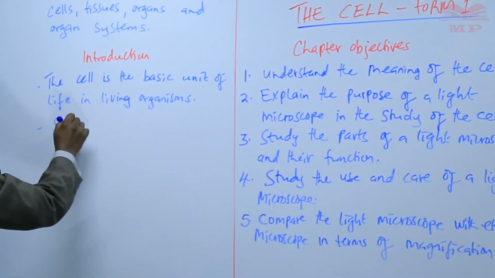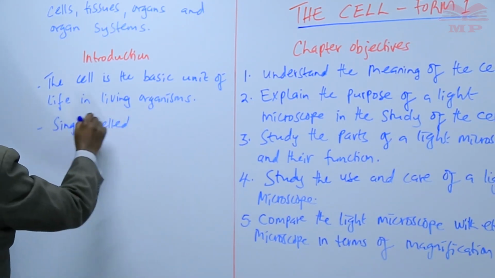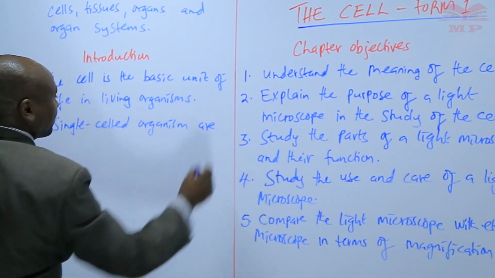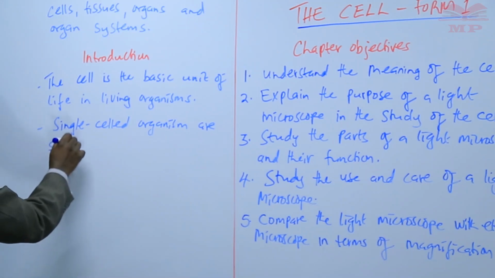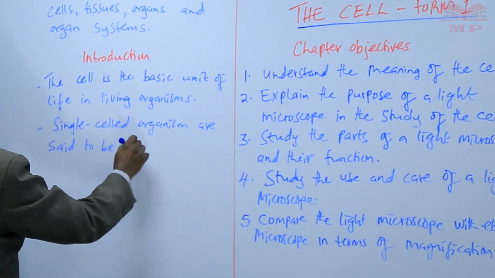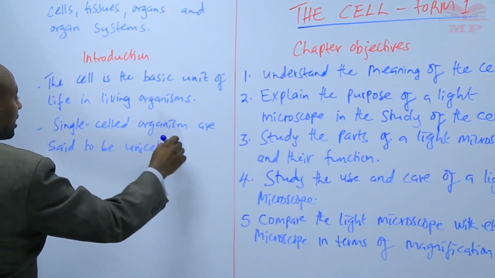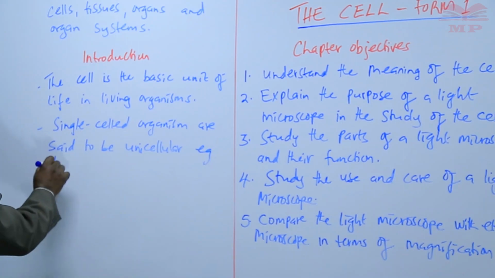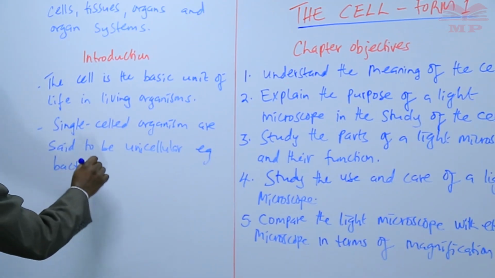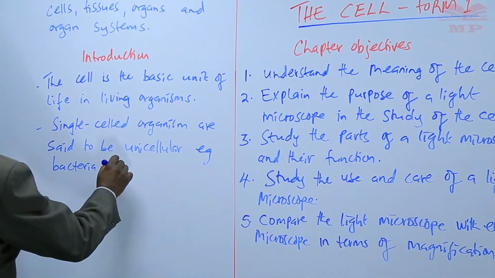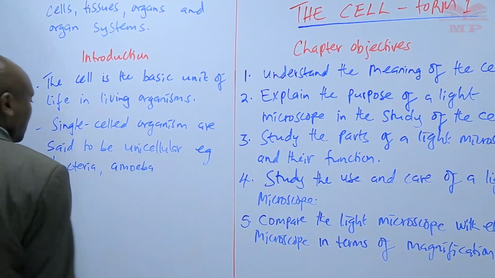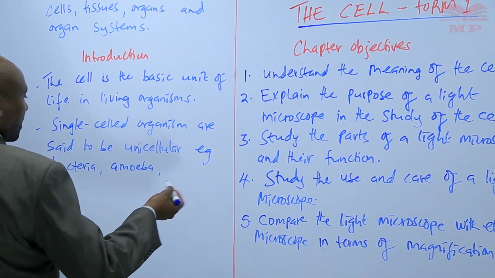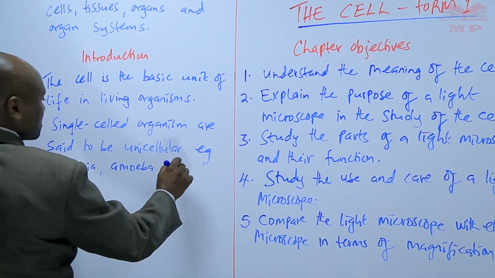As we have single-celled organisms are said to be unicellular. Unicellular, they have a single cell. And we have examples of most bacteria. We have things like amoeba. We have other examples of protozoa such as Plasmodium.